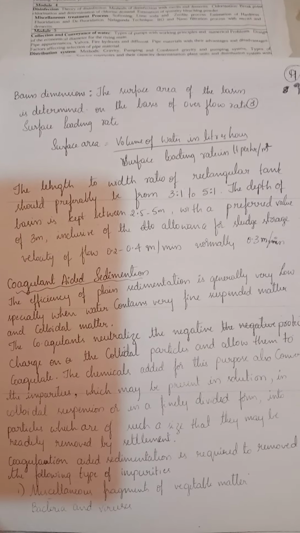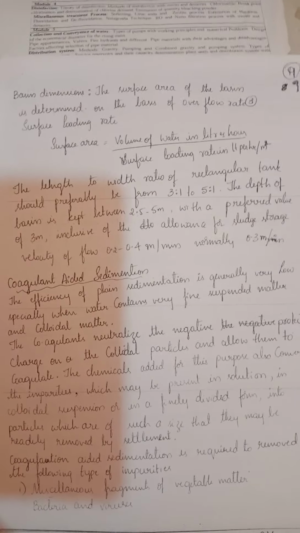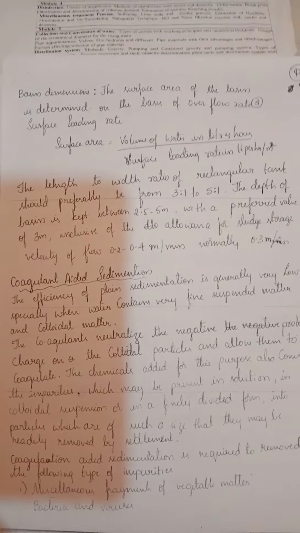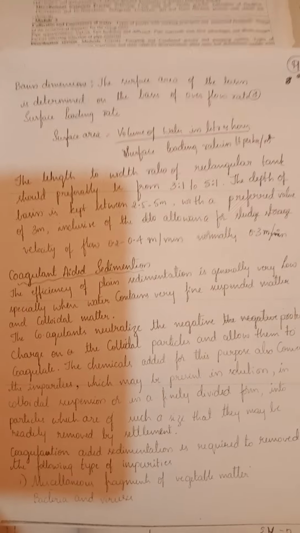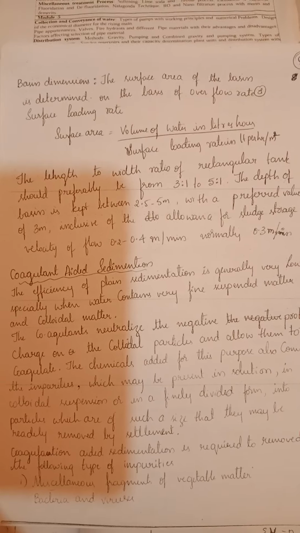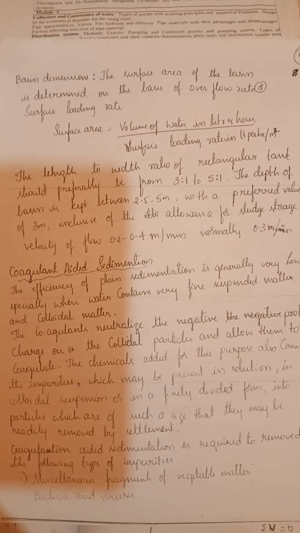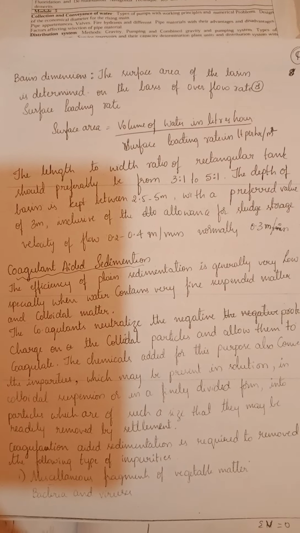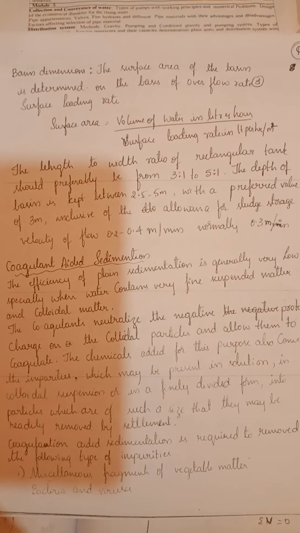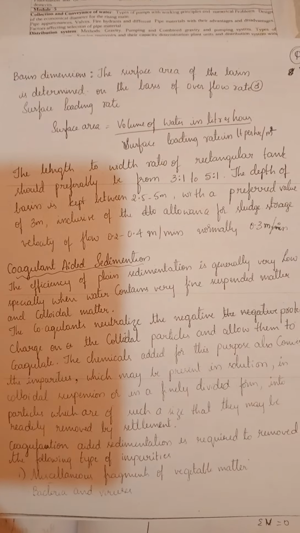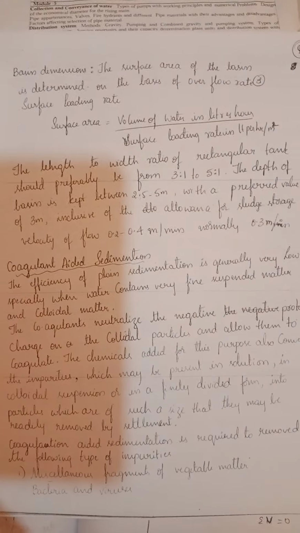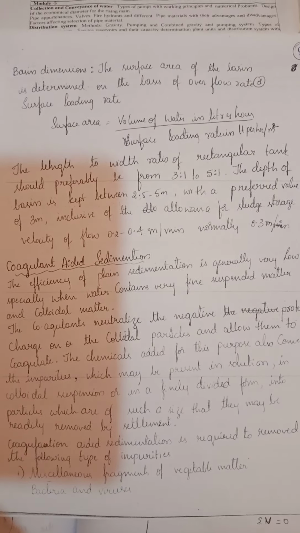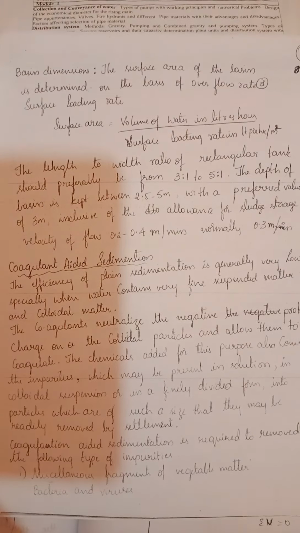The surface area is equal to volume of water in liters per hour divided by surface loading rate, liters per hour per meter square. The length to width ratio of a rectangular tank, in general, we should prefer 3:1 to 5:1. This is the length to width ratio of a rectangular sedimentation tank.